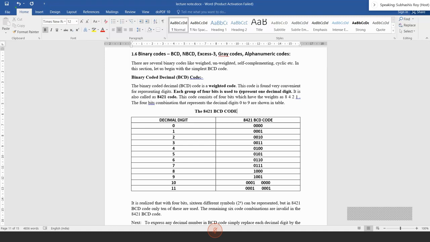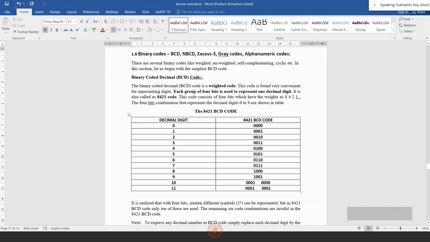So the first one is binary coded decimal. What is binary coded decimal? You can see from this table. On the left side there is a decimal digit. There are 0 to 11 noted here.